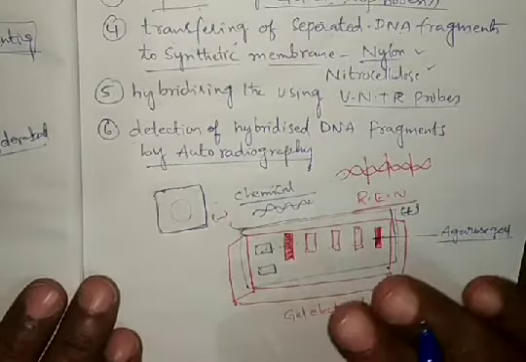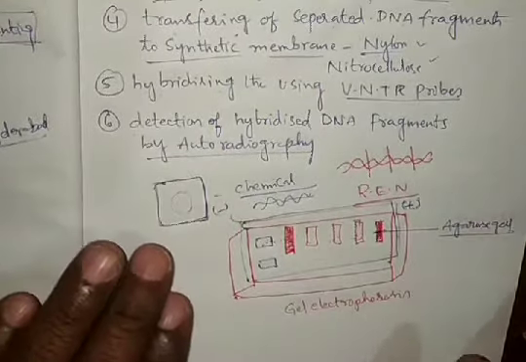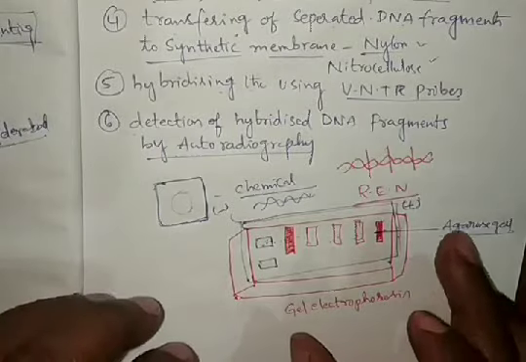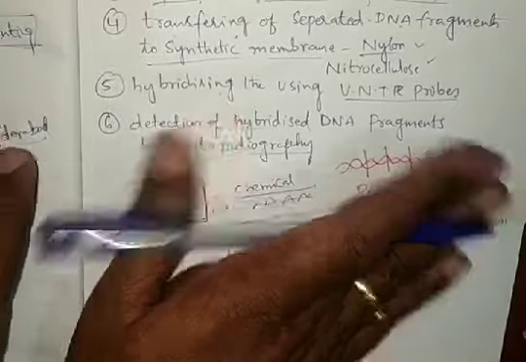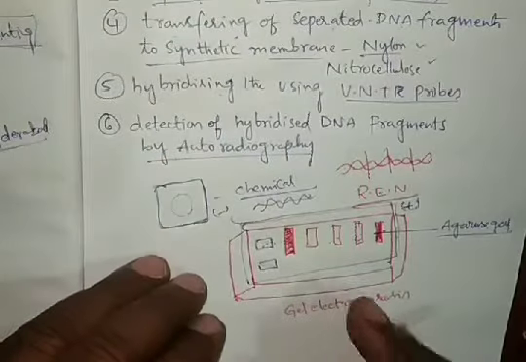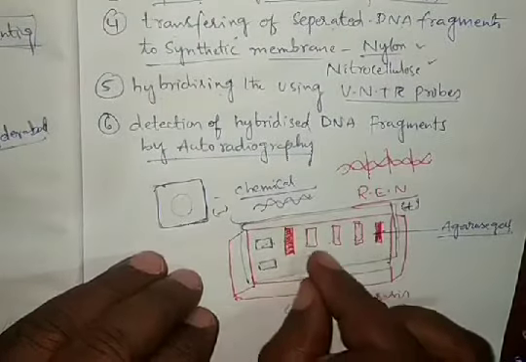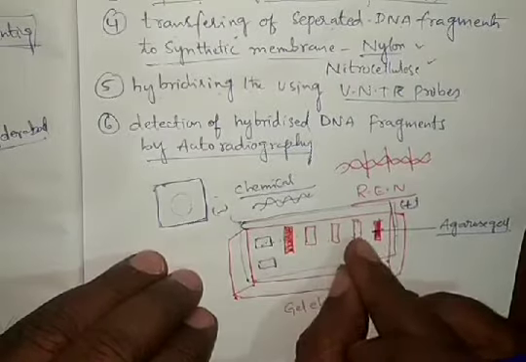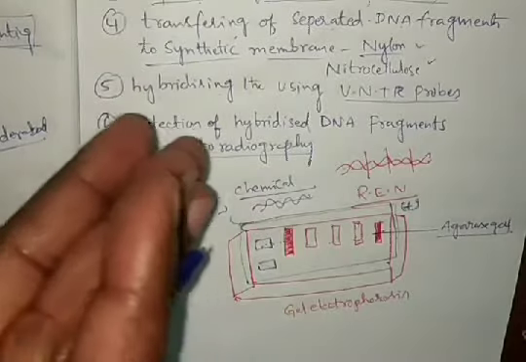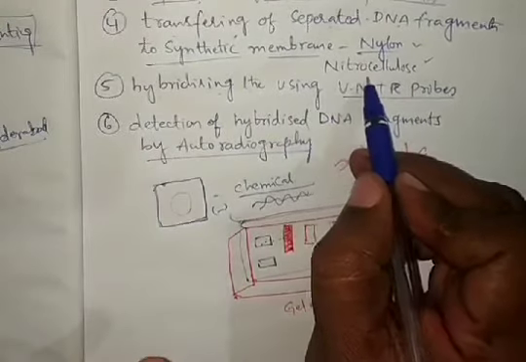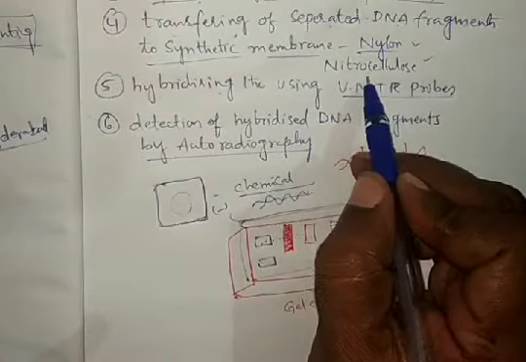We put a nitrocellulose sheet over the entire slab and press it. Because of that, the DNA bands present in the agarose gel are attached to the nitrocellulose sheet.